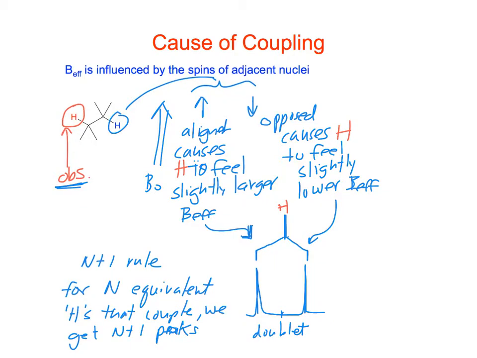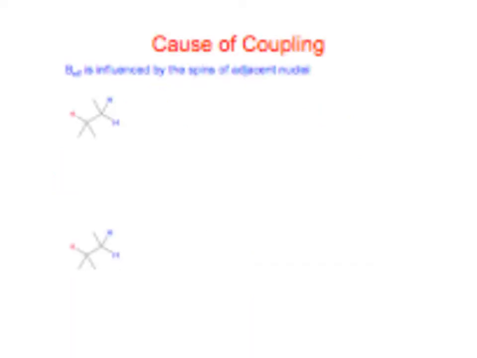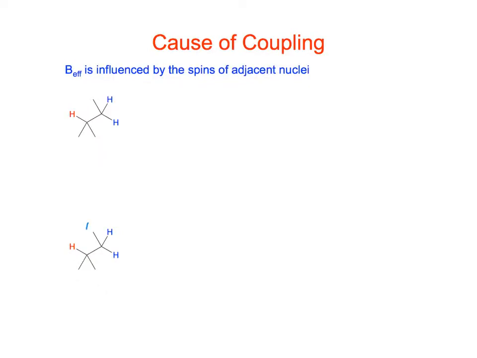So we had one proton next to it, N+1 is 2, we get a doublet. This one's going to have another H here.